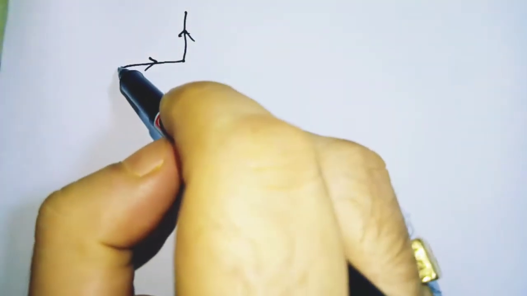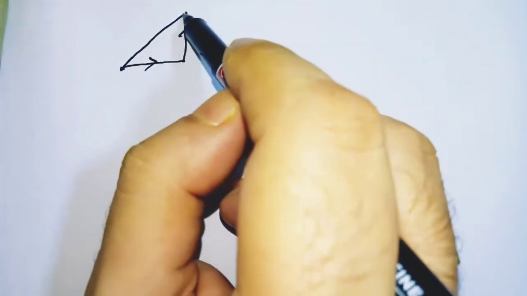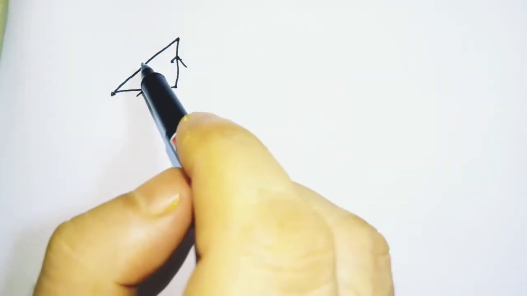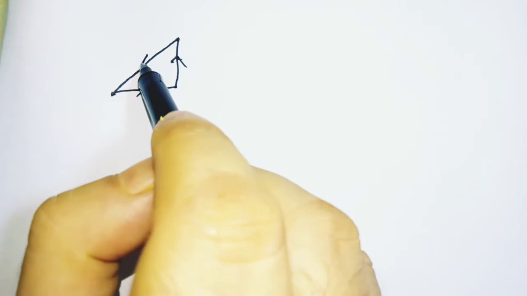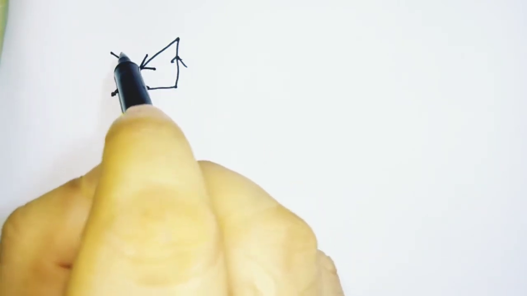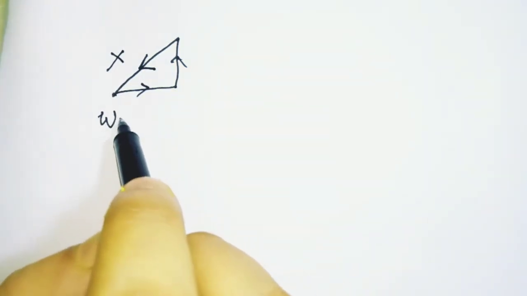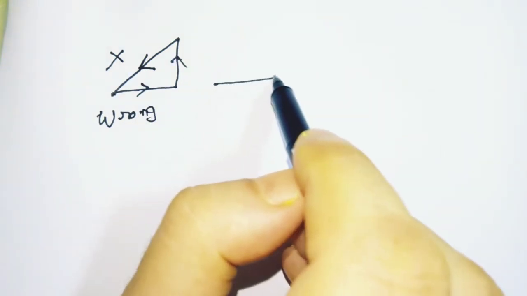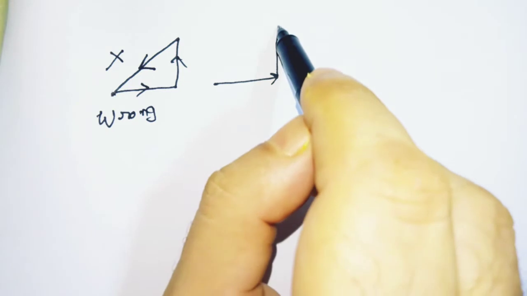So what you need to note is that if I am joining these two parts, and I put the vector direction this way, this is wrong. If I'm adding it this way, it should be this way.